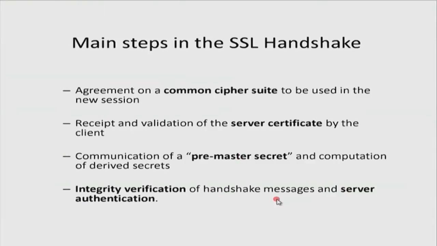How can I be sure that each of those handshake messages, except for this one, all the other handshake messages, are sent in the clear? How could I guarantee the integrity of each of those messages? And finally, one of the most important: how am I absolutely sure that the other end is the server I intend to talk to and not somebody posing as that server?